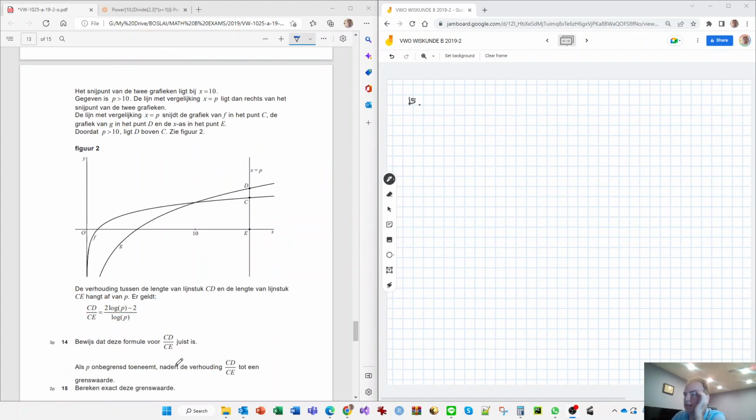When P increases, this fraction will have a limit. Calculate exactly this limit.